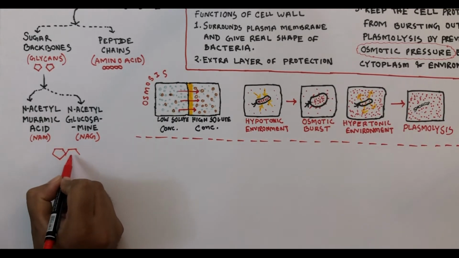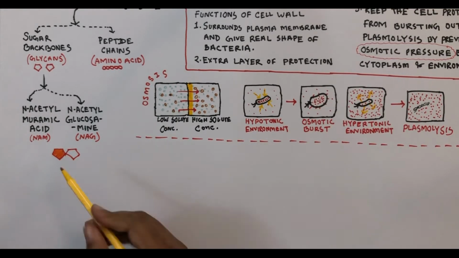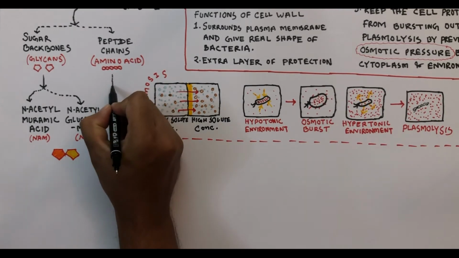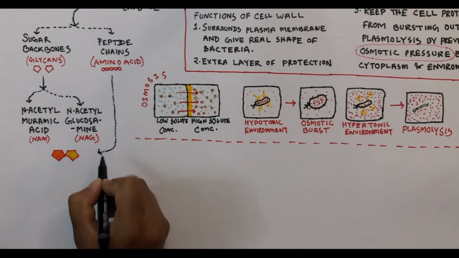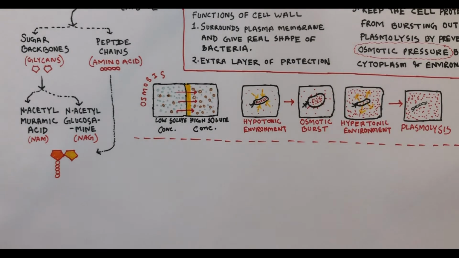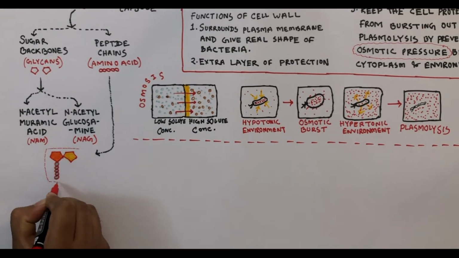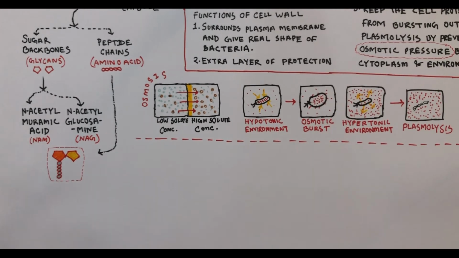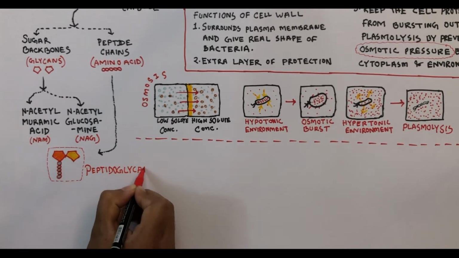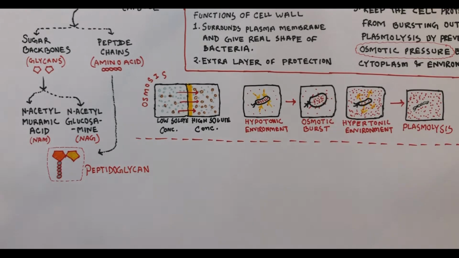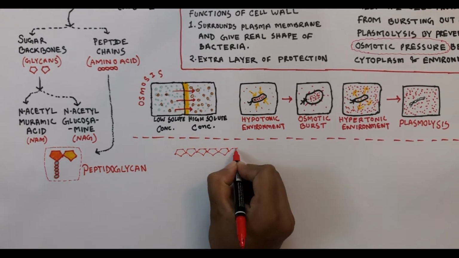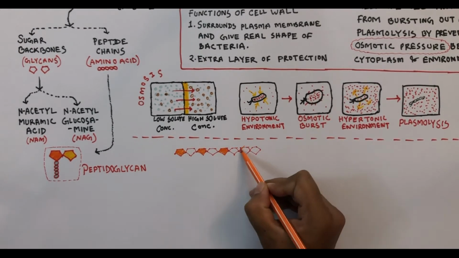They stay attached together. And the peptides are made up of short amino acid chain. This short amino acid chain stays attached to the NAM of this unit, and this total setup is the peptidoglycan. In bacterial cell wall, the NAM and NAG skeleton is repeated again and again, and the sugar backbone is produced.